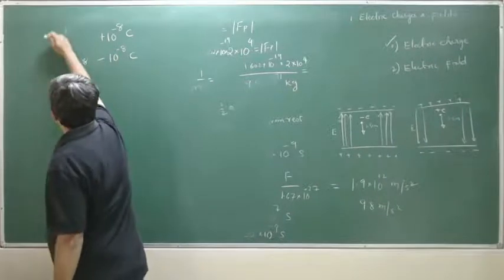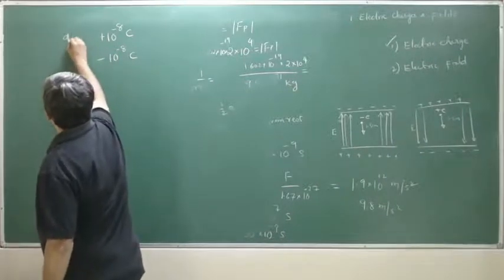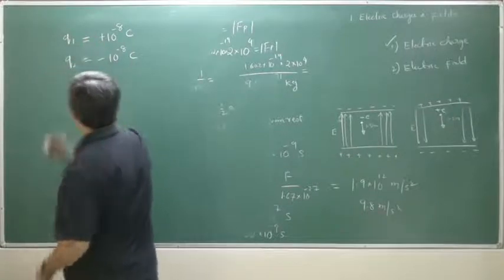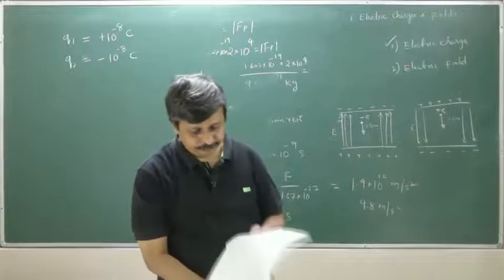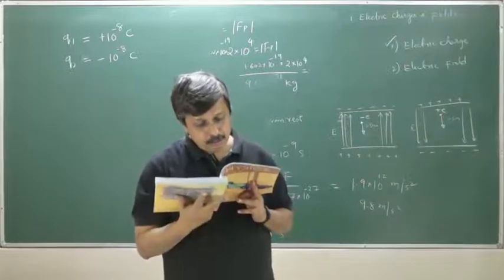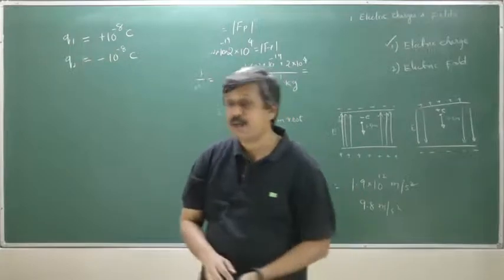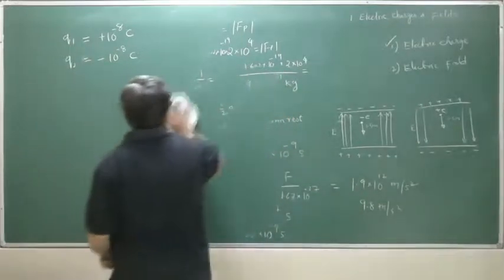We'll call one of them Q1, the other one Q2. They are placed 0.1 meters apart.